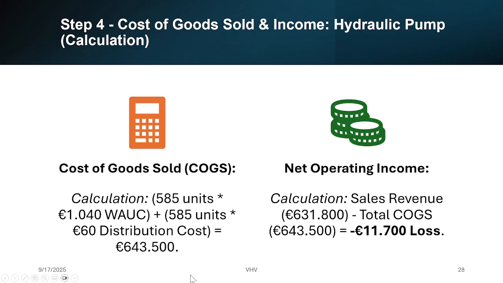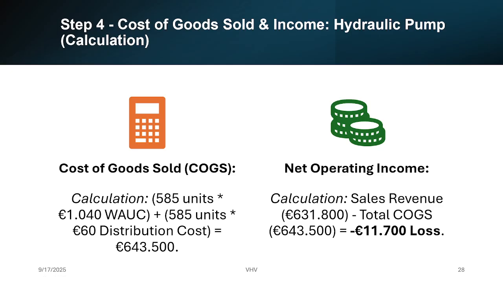The distribution cost is 585 units times 60 euro per unit of distribution cost, which is 35,100. So the total cost of goods sold is therefore 643,500. Right?